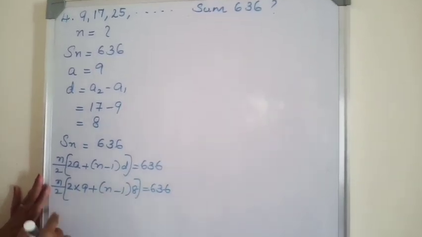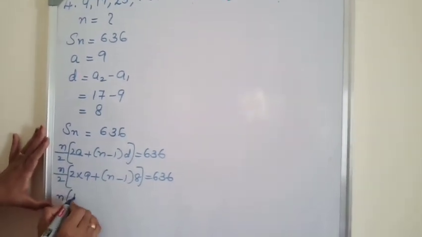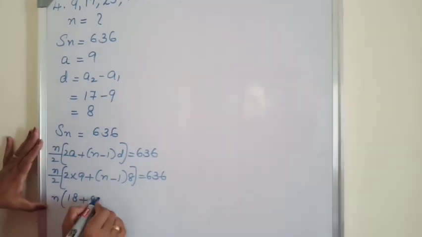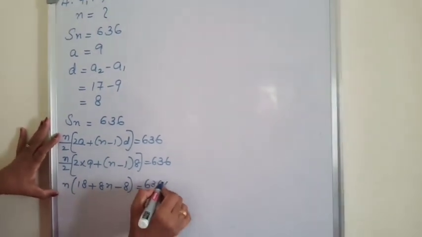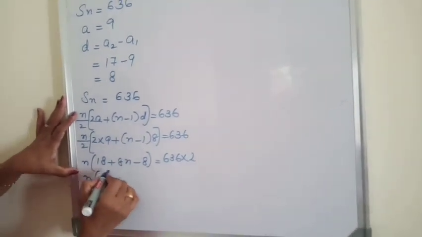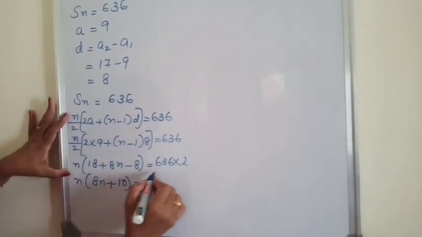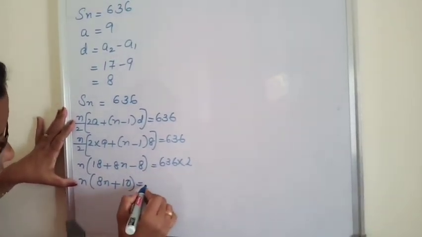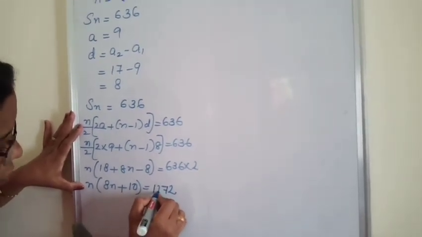This 2 we have to cross multiply to the right side. n into 18 plus 8n minus 8 is equal to 636 into 2. n into 8n plus 18 minus 8, 10, is equal to 636 into 2. 6 2s are 12, 7, 12, 1,272.